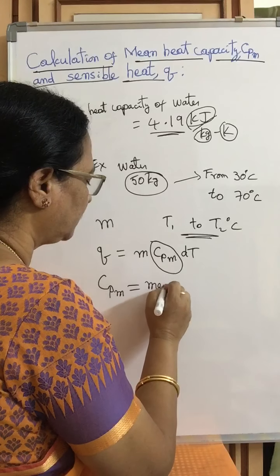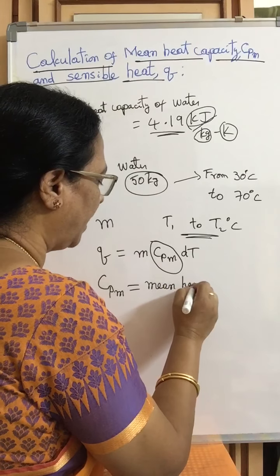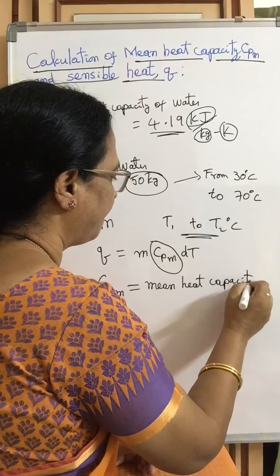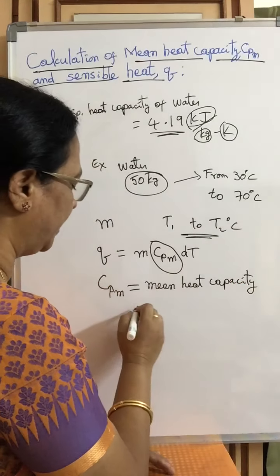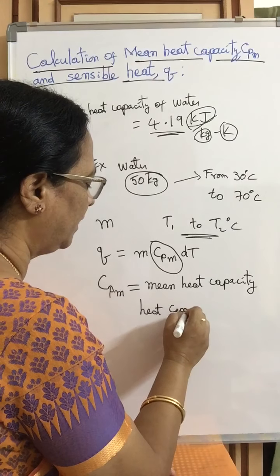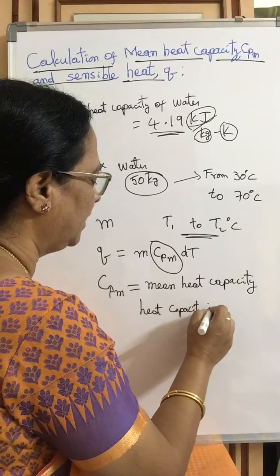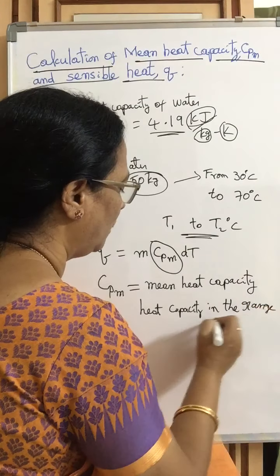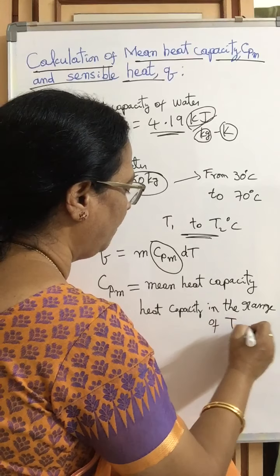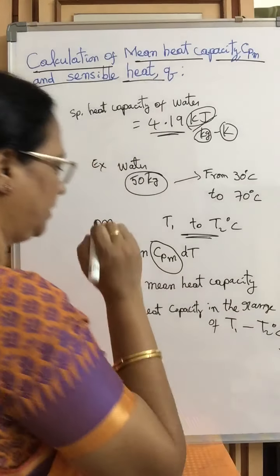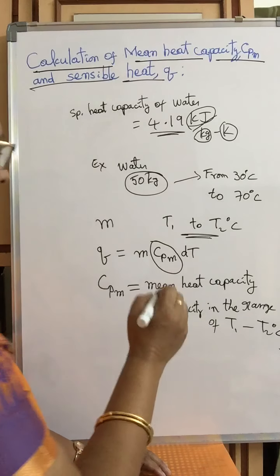Mean heat capacity is nothing but the heat capacity in the range of T1 to T2 degrees centigrade. That is mean heat capacity.